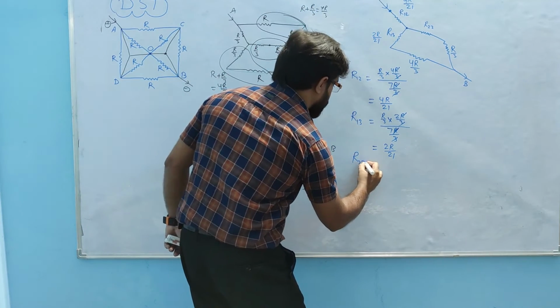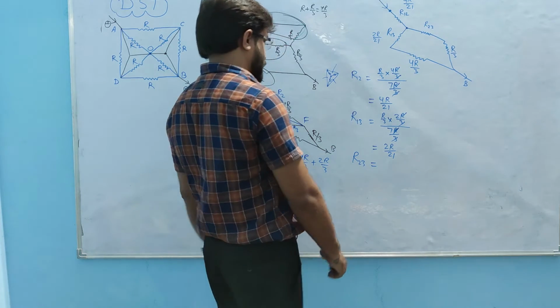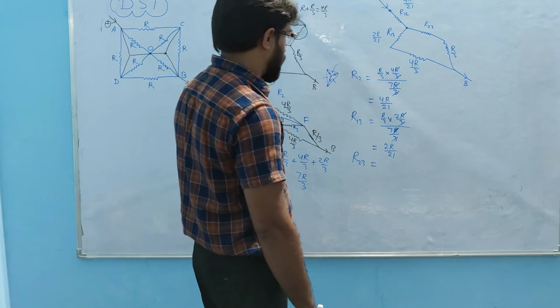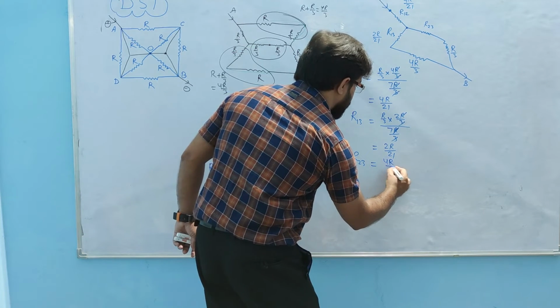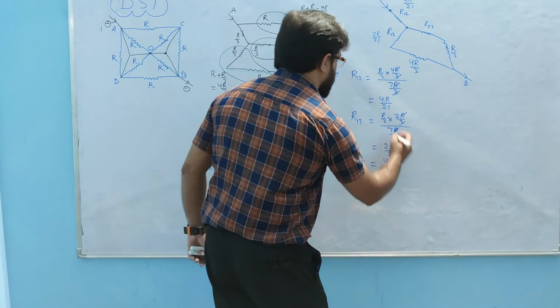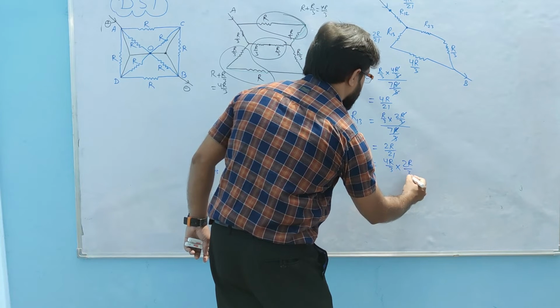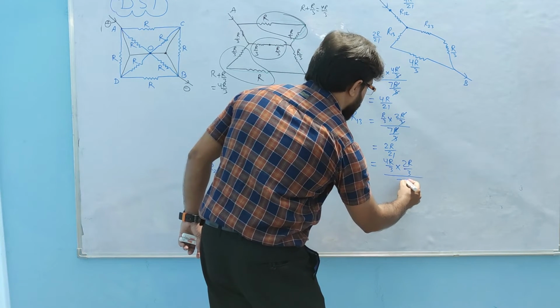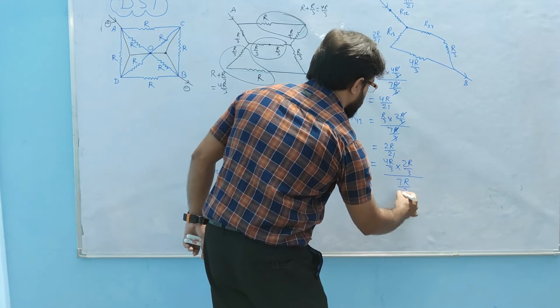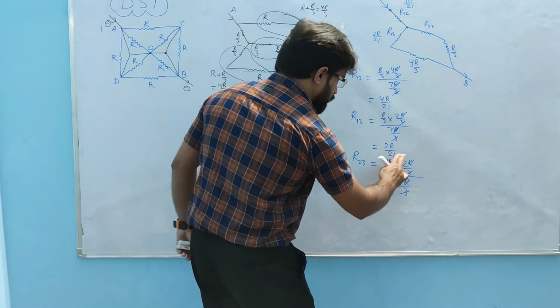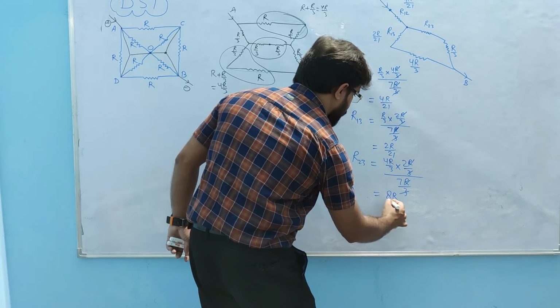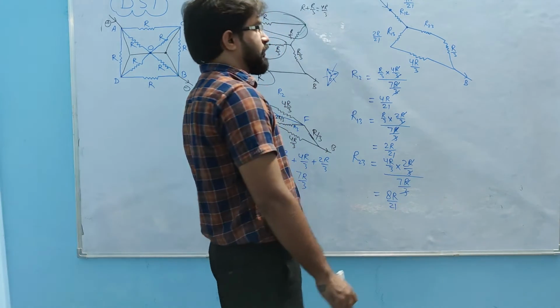R23 also, R2 into R3, R2 is this one, 4R by 3, and R3 is this one, 2R by 3. The total will remain the same. 3 gets cancelled, R gets cancelled, it becomes 8R by 21.